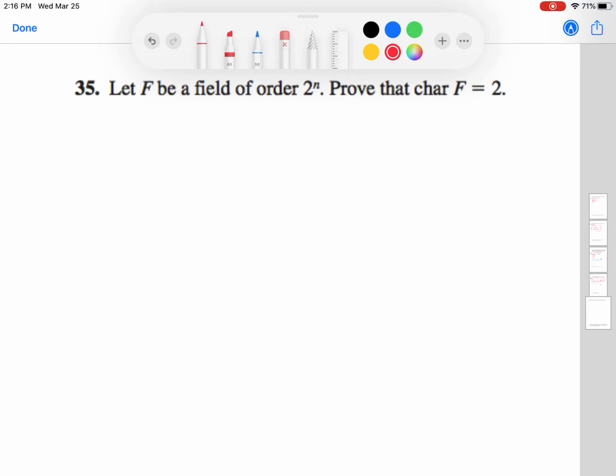And then we had two theorems that were super useful from what I had told you in the notes: theorem 13.3 and theorem 13.4. Theorem 13.3, a very brief overview, is that the order of 1, if 1 is your unity, is equal to your characteristic.